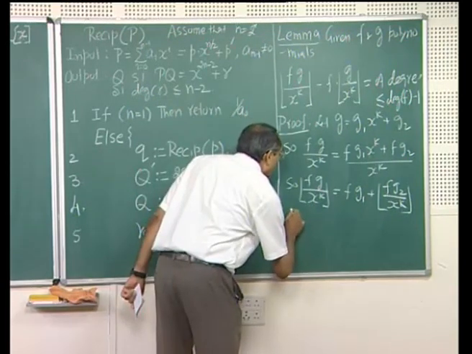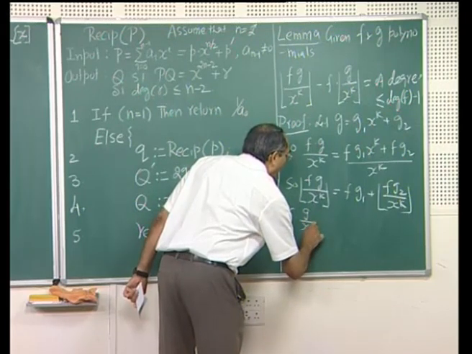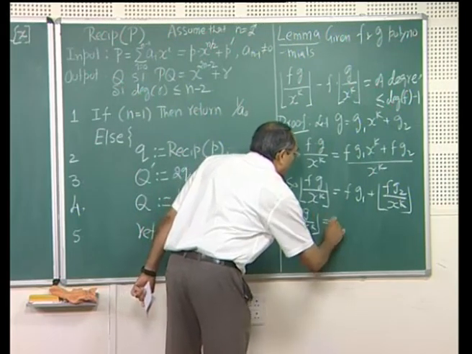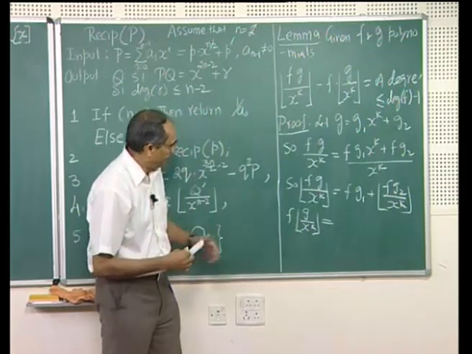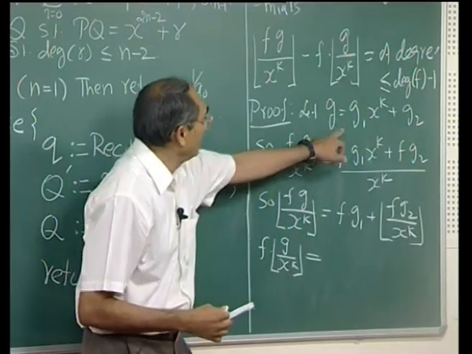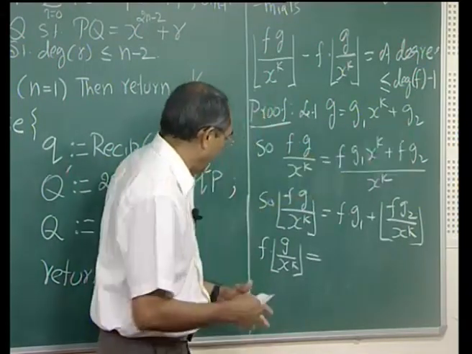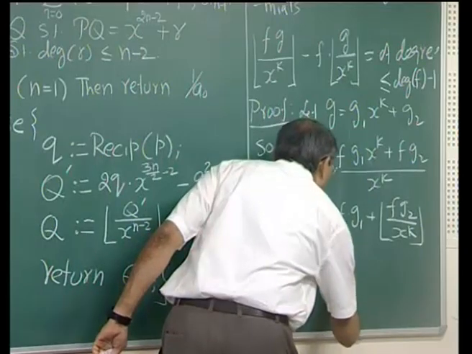On the other hand, (f times g) over x^k, floor, is g divided by x^k floor, which is just g1, because this part goes away and we get f times g1.